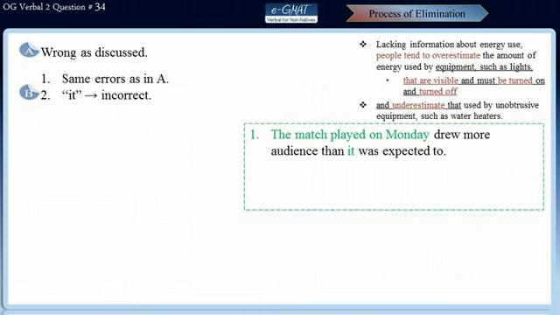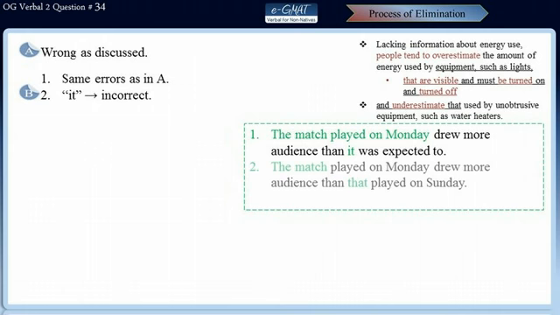Let's take an example. The match played on Monday drew more audience than it was expected to. Here, it denotes exactly the match played on Monday, and it talks about the match that was played on Monday. But if we say the match played on Monday drew more audience than that played on Sunday, here we are using that to denote another match that is very different from the match played on Monday.